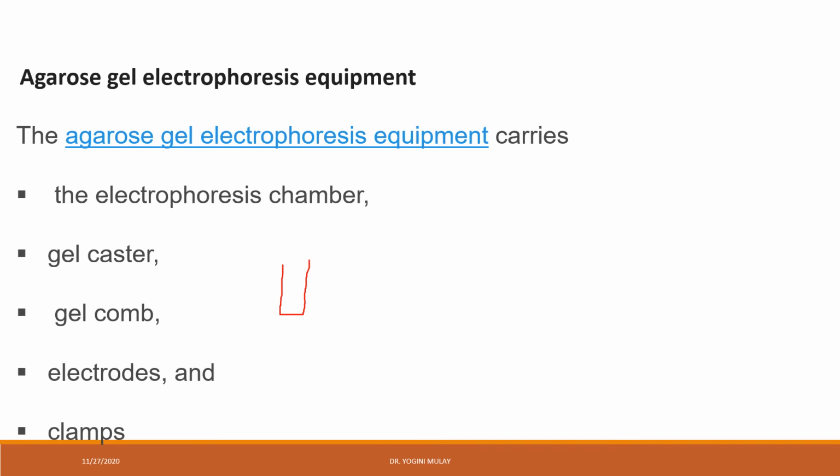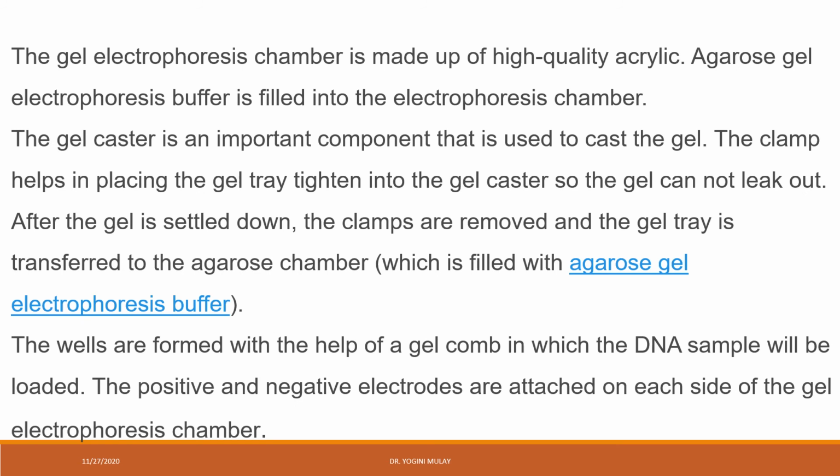Then there have to be positive and negative electrodes and clamps. The gel electrophoresis chamber is made of acrylic, and the agarose gel electrophoresis buffer is used to fill up the chamber.